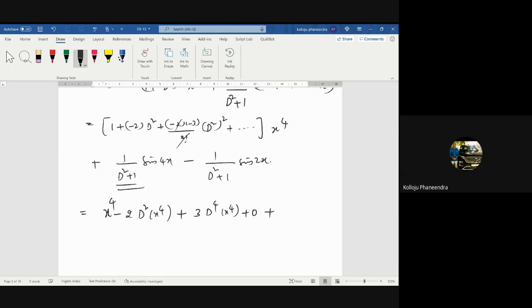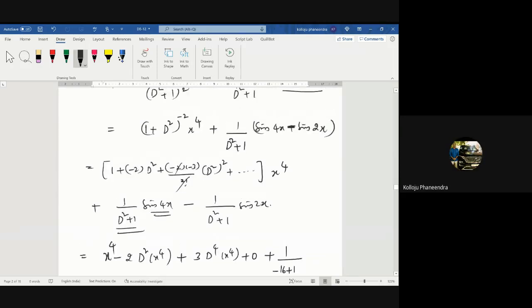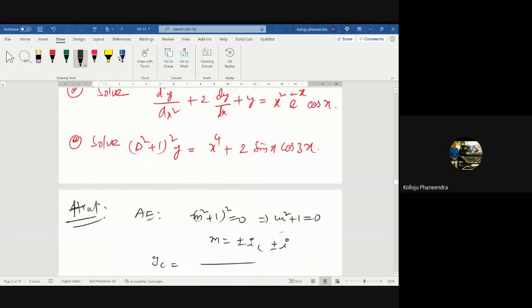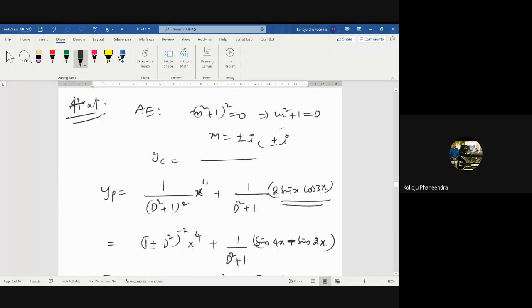Plus this one. What is this one? The sin mx model. Replace D square by minus m square. So it is (D square plus 1) whole square, whole square is there.